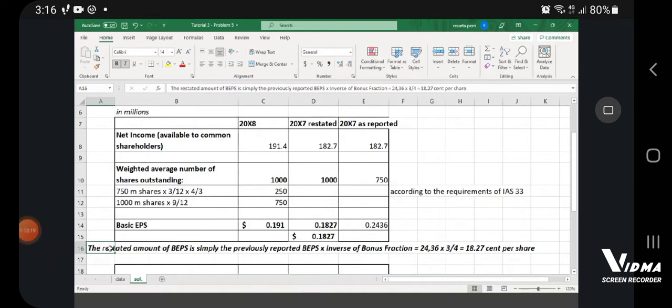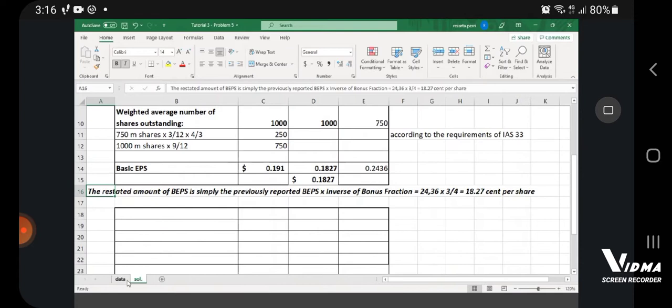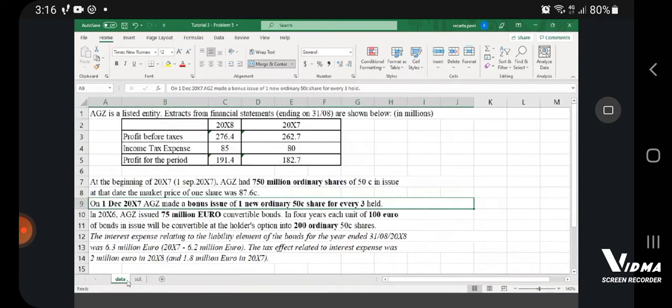Okay, so this is what we need to know about the calculation of basic earnings per share in 2 years: the current year and restating the previous year. But we also have to say something about the diluted earnings per share. Now, as you can see here, before 2017 we had issued some convertible bonds.